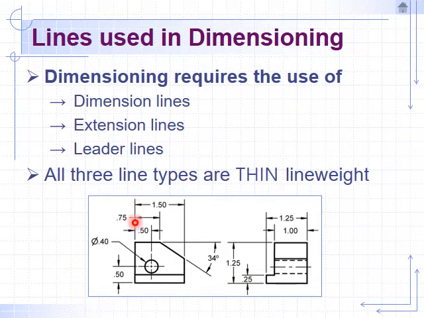The pieces that point towards the object, these are the extensions. And then anything that's radial or not horizontal and vertical, sometimes they have these leader lines. This is a leader.